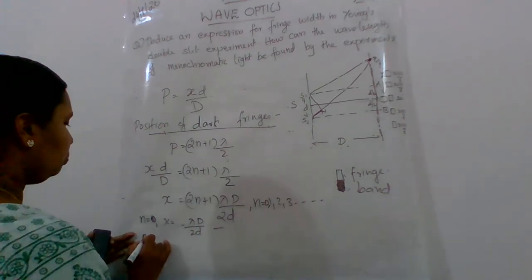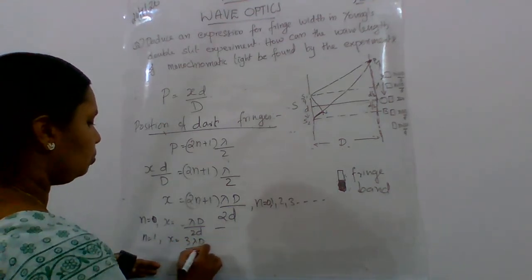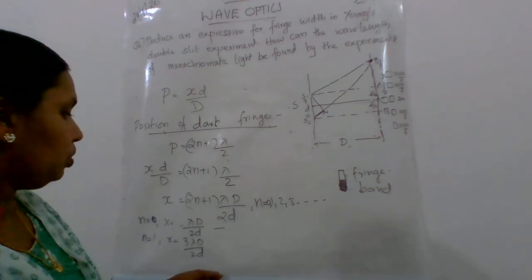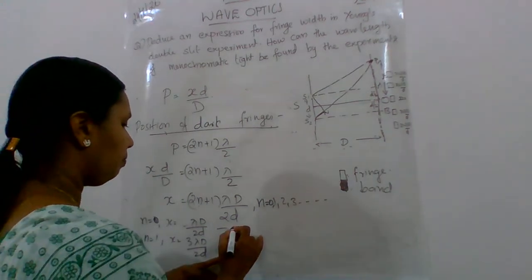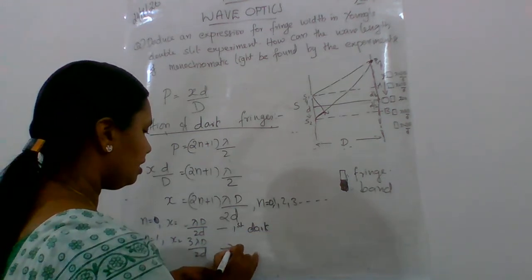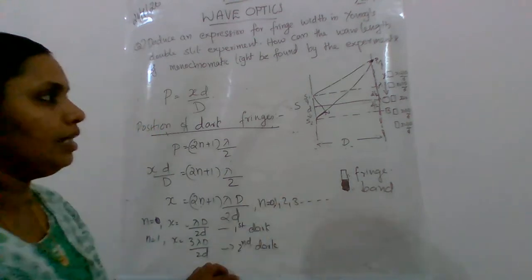Then n is equal to 1, x is equal to 3 lambda D by 2d. n is equal to 2, it is 5 lambda D by 2d. So this is known as the first dark, and this is the second dark, third dark. Like that it will go.